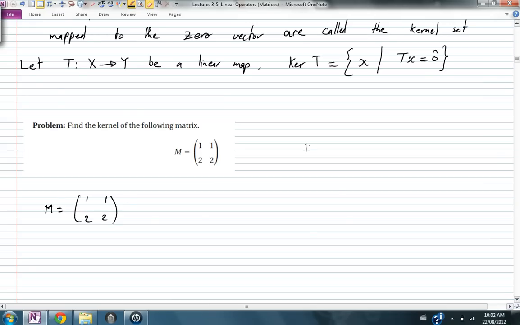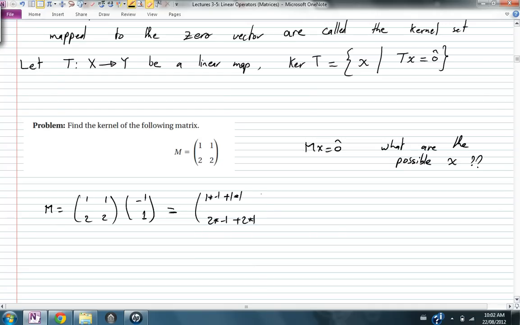I would like to know Mx equals 0. What are the possible x's? I know from experience right away I can put here negative 1, 1. And this will give me 1 multiplied by negative 1 plus 1 multiplied by 1, and 2 multiplied by negative 1 plus 2 multiplied by 1, which will give me 0, 0.